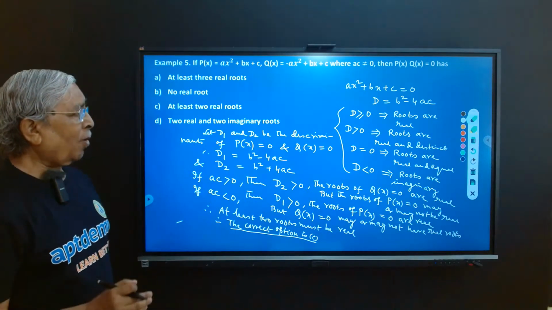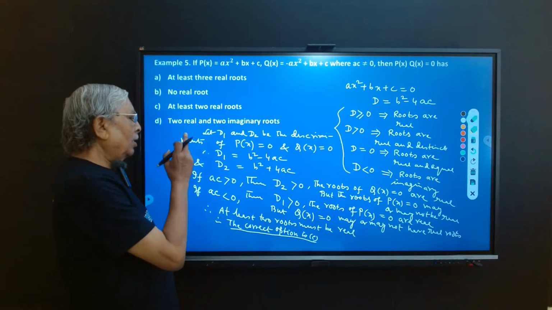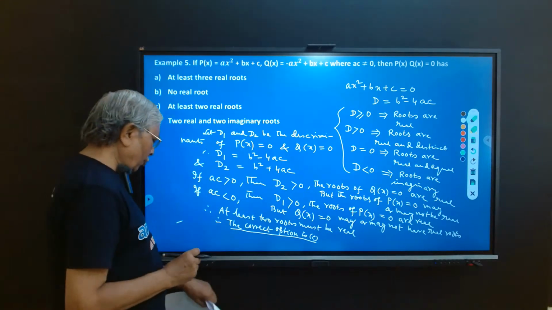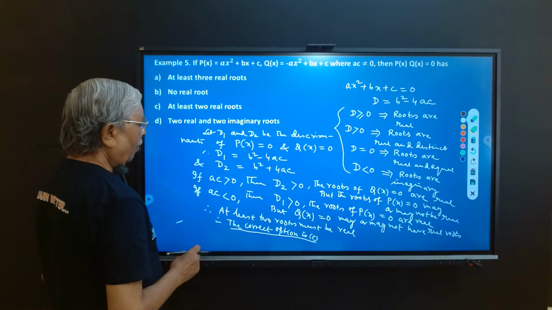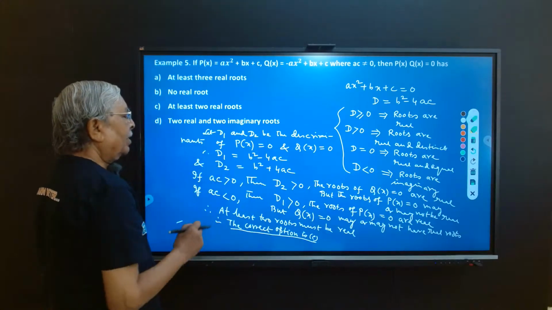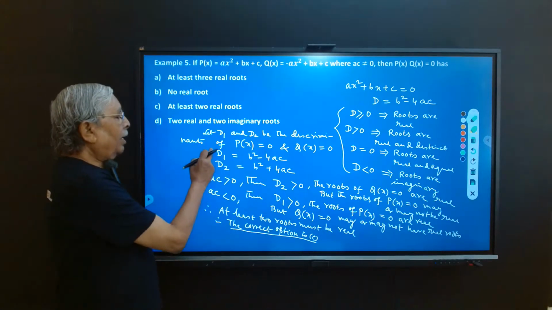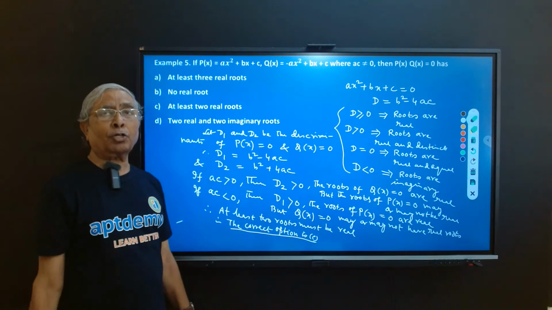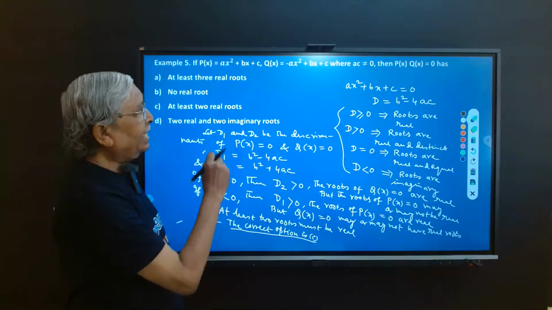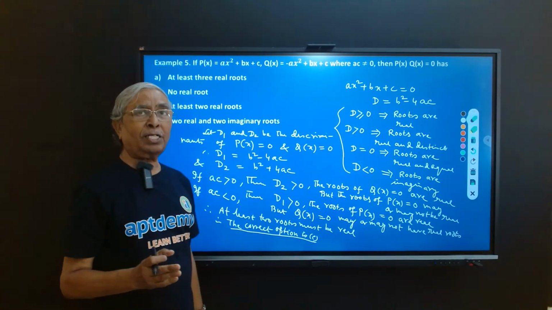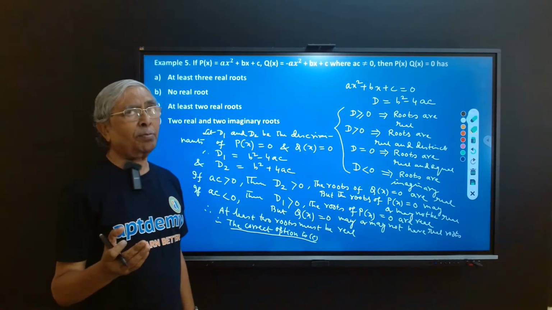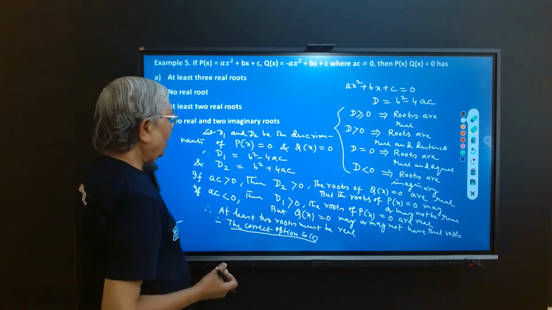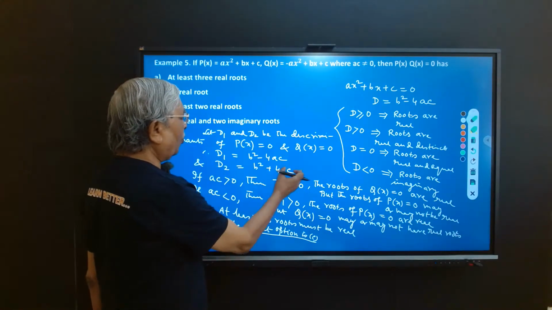Again, I am discussing this problem. First, you find the discriminant of these two equations, Px is equal to 0 and Qx is equal to 0. Let us write the discriminant as d1 equal to b square minus 4ac, d2 is equal to b square plus 4ac. You are given that AC not equal to 0. That means AC may be positive, AC may be negative. First, we consider AC positive. In that case, d2 is positive.